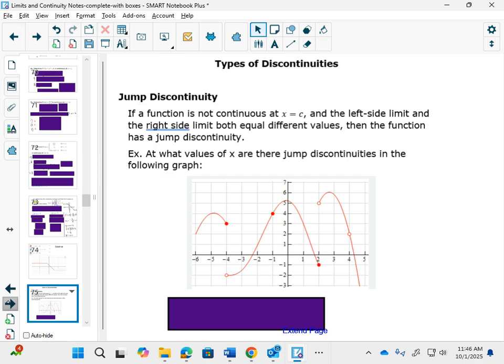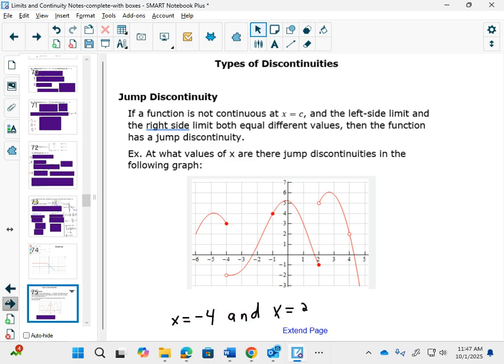So we call these jump discontinuities when the limit from the left side and the limit from the right side are completely different numbers. So the jump discontinuities in this one happen at -4 and at 2.